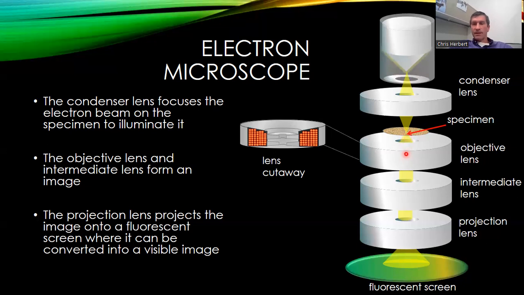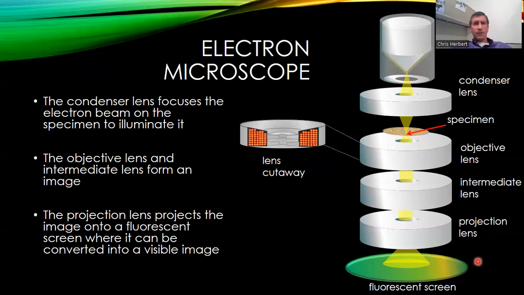The objective lens forms a real image with the intermediate lens, and then that is projected again as a real image onto some fluorescent screen. Originally, they were fluorescent screens because that was a very easy way of converting the energy from the electrons into light, and you could then take a photograph of that.